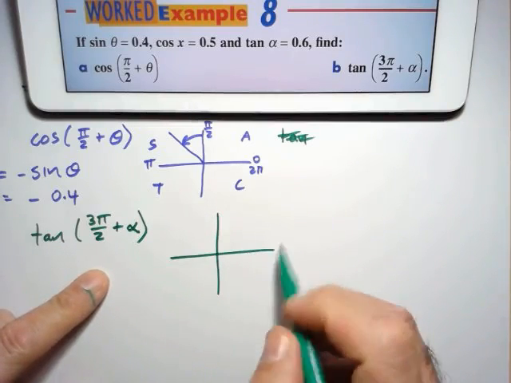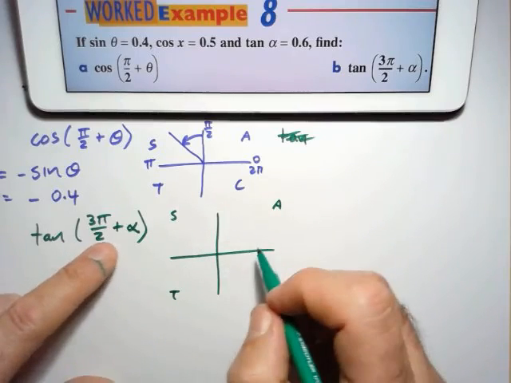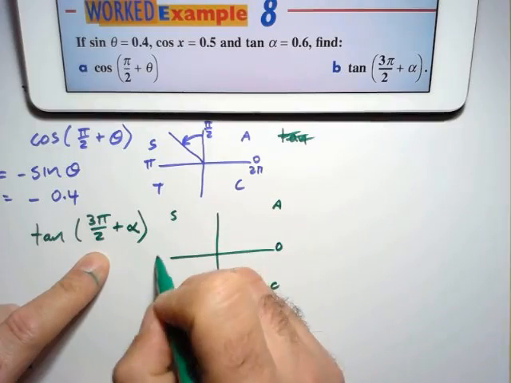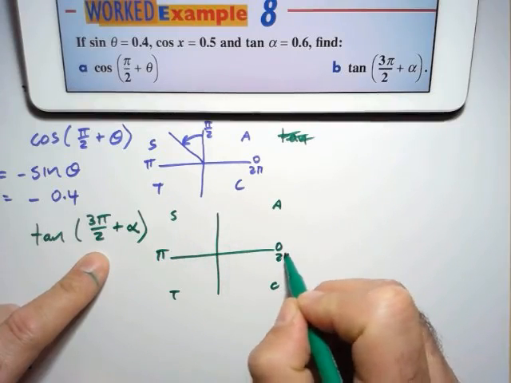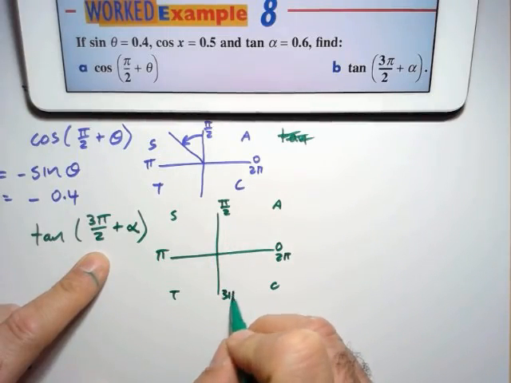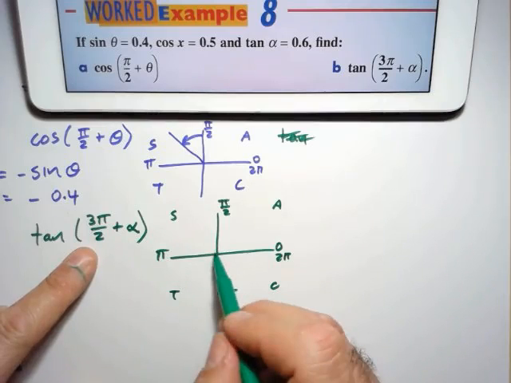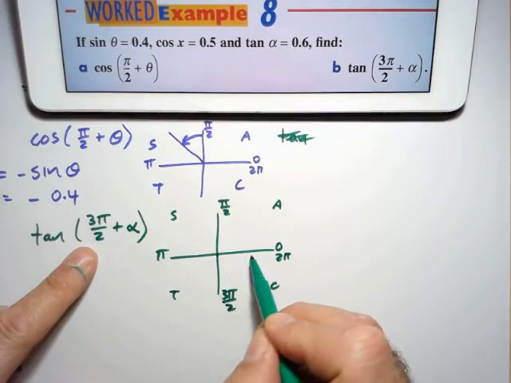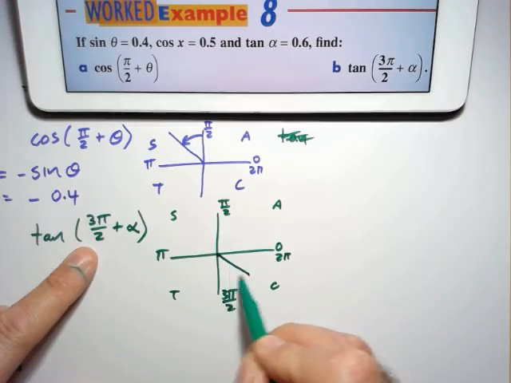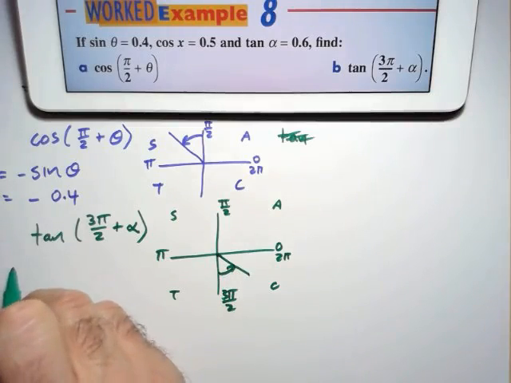On my CAST diagram, I'm working in radians, so it's 0, pi, 2 pi, this is pi over 2, this is 3 pi over 2. 3 pi over 2 means positive direction is in this direction, so this is 3 pi over 2.